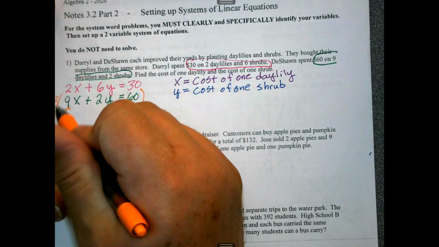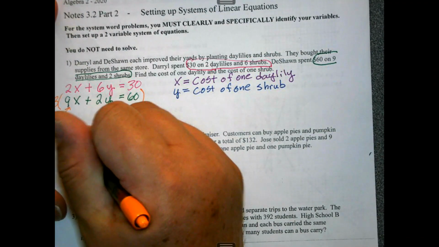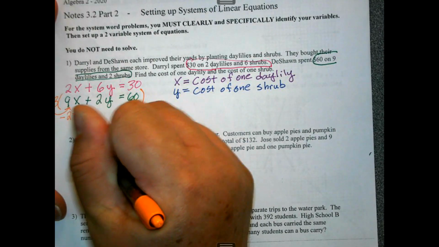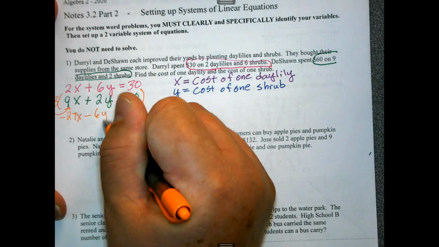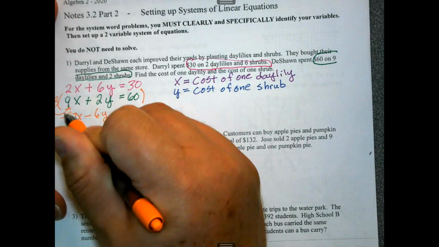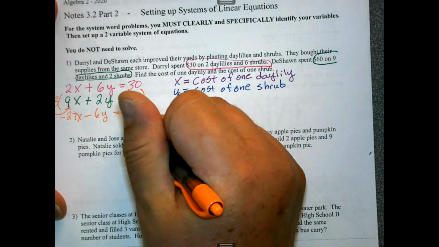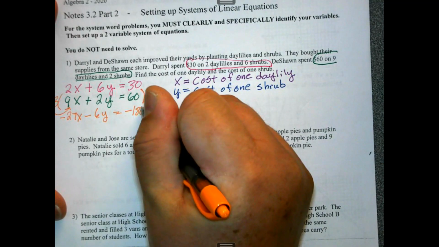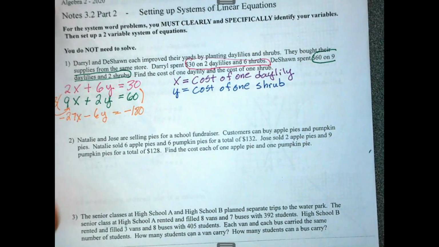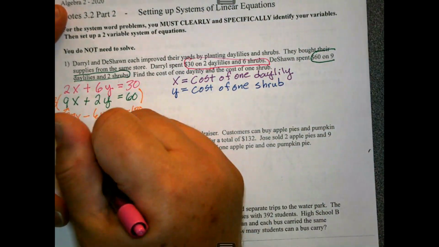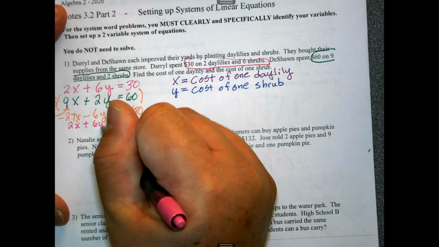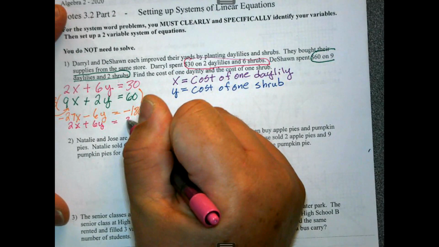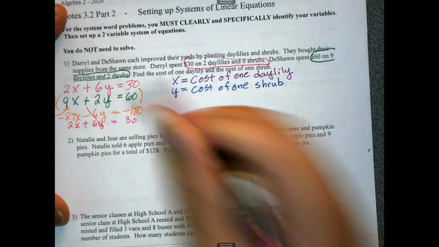So I would get -27x minus 6y equals -3 times 60, which is -180. Just rewrite the top one, 2x plus 6y equals 30. See how those eliminate?